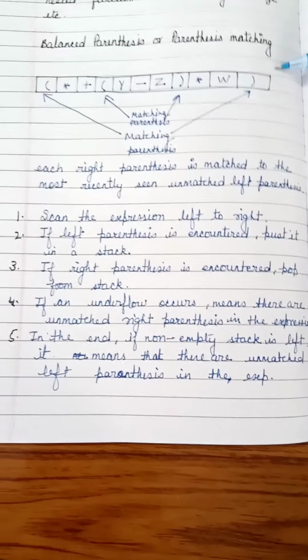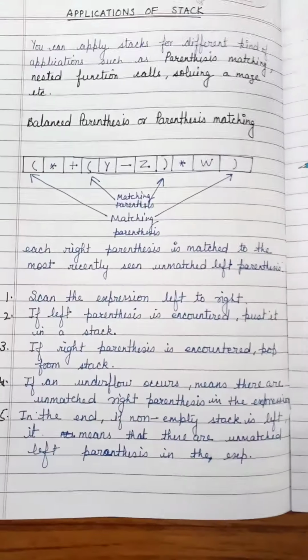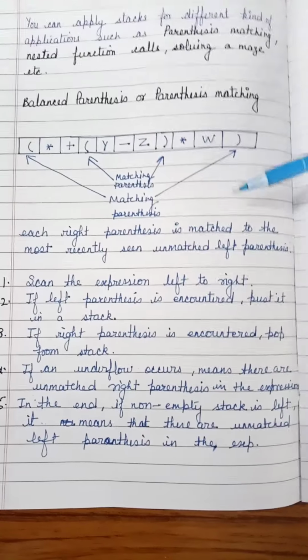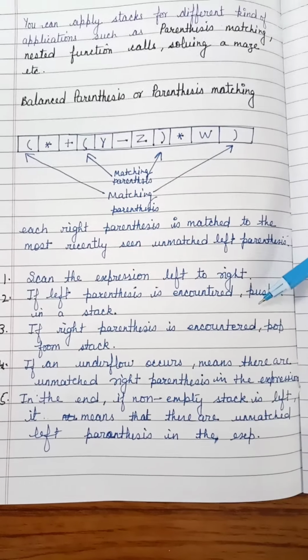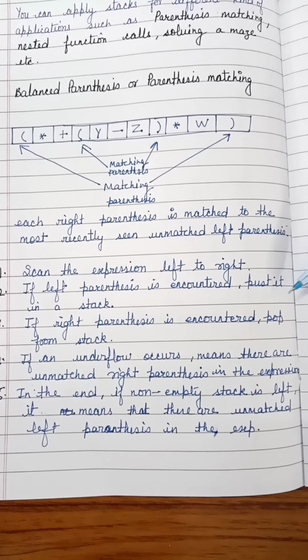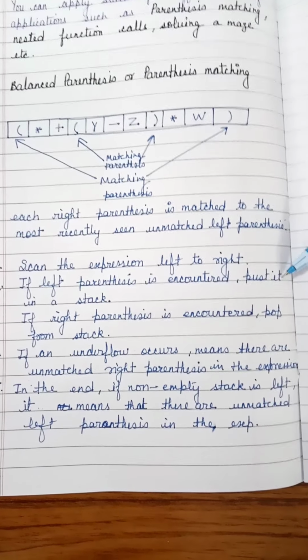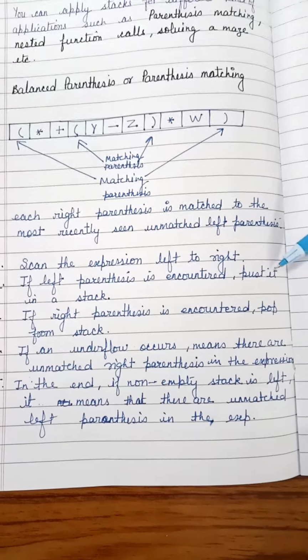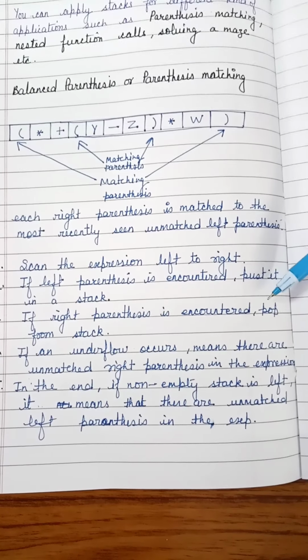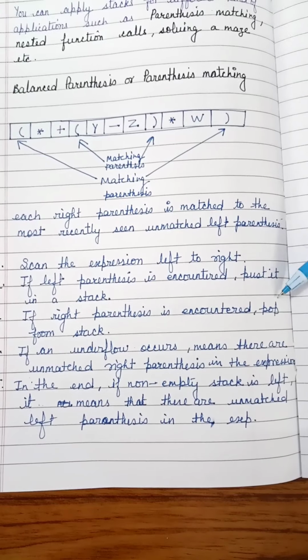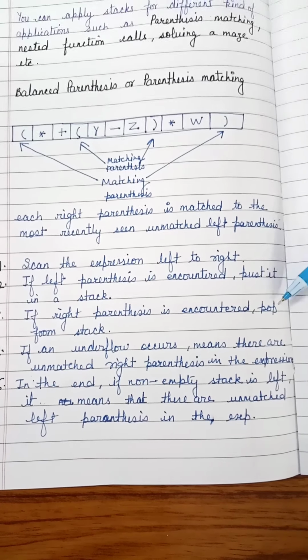Now for this you need to scan the expression from left to right. If a left parenthesis is encountered, push it in a stack. Pushing will be performed in case of a left parenthesis, and if a right parenthesis is encountered, pop from the stack. Pop means deletion.